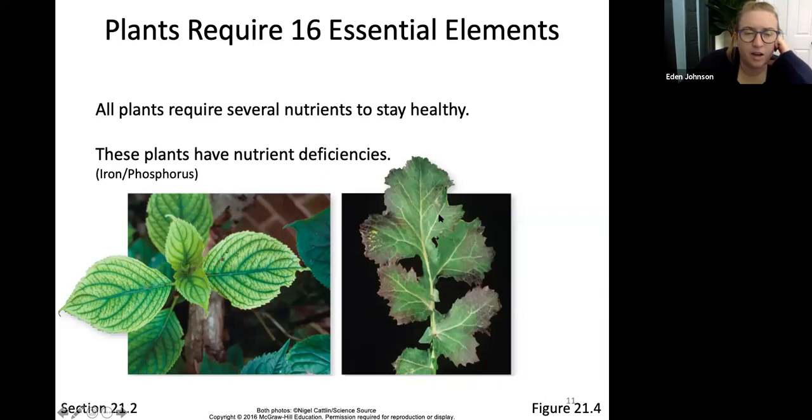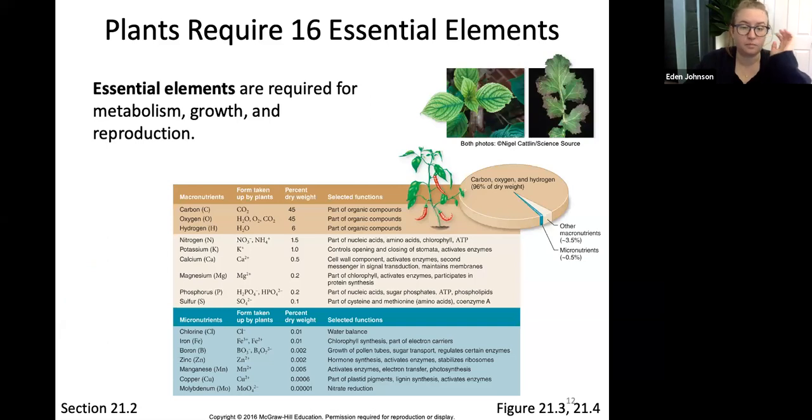Then over here, you've got a phosphorus nutrient deficiency that's also going to make these purple sort of edges. So what you'll see is that both iron and phosphorus are micronutrients. And even though they're only needed in very, very small amounts, the plant still needs them in order to function properly. Okay.